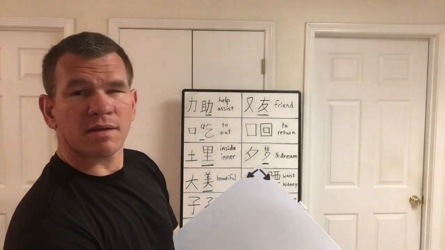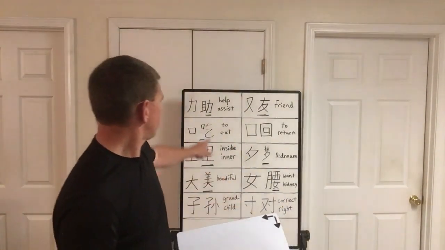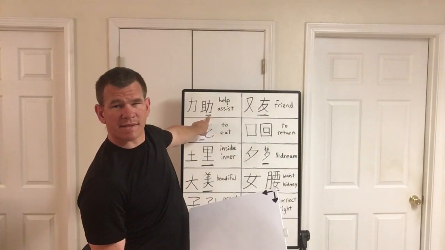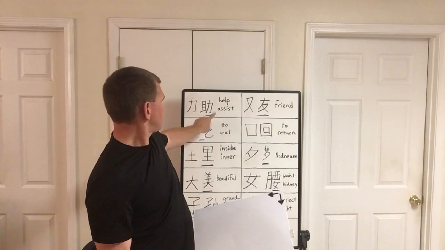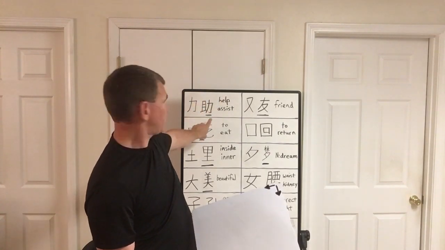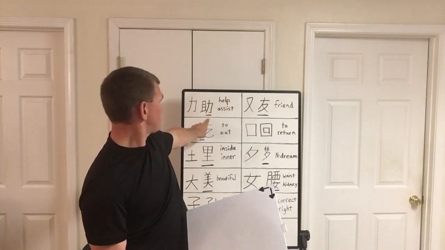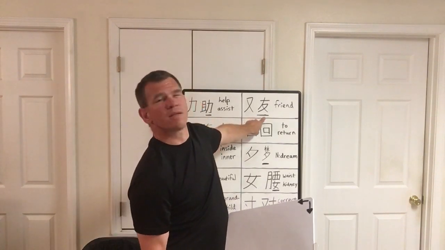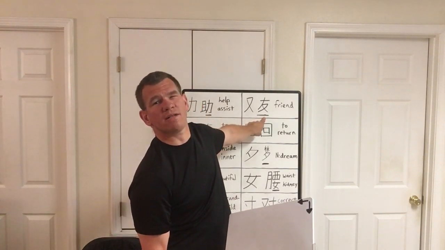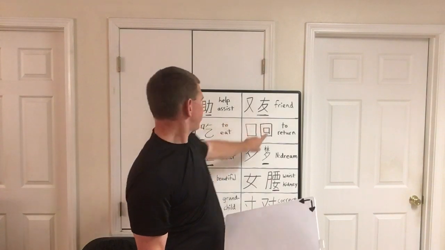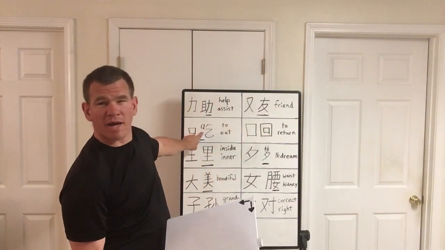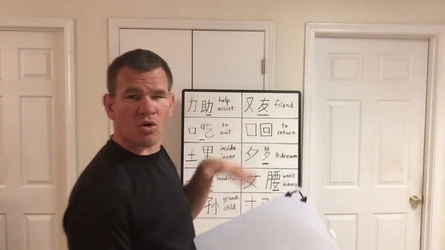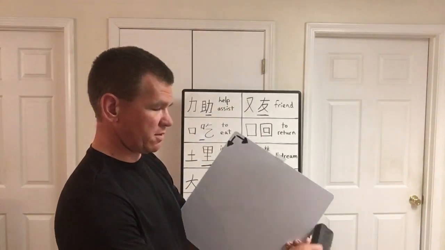And by the way, the character on the right, the one that means help or assist, that is the radical, the bottom part of friend. The mouth is over here, and then the enclosure is the outside of the character. So as we will see.